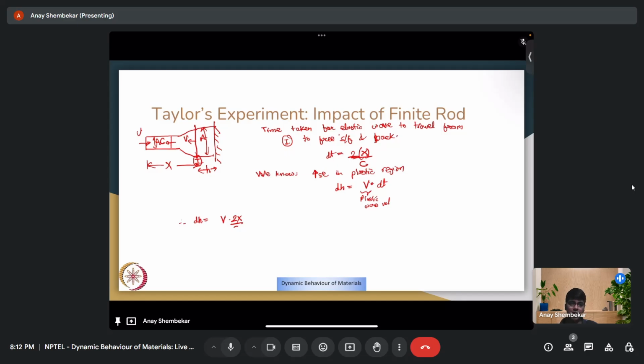So at any given point, the increase in the plastic region can be related to the non-plastically deformed region x, rather the distance of the elastoplastic interface from the free surface x, the elastic wave velocity c and the plastic wave velocity v.